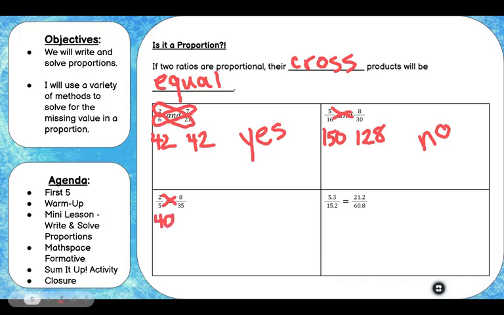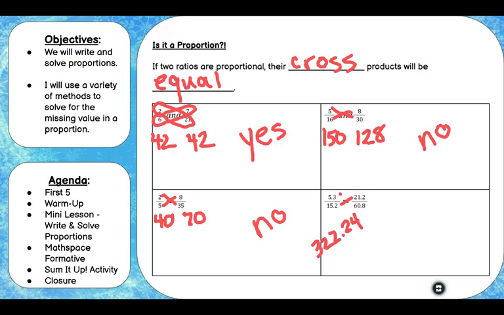All right, hopefully you guys got 5 times 8 as being 40. 2 times 35 is 70. Are 40 and 70 the same? No. So no, these are not proportional. Next one, when you did 15.2 times 21.2, hopefully you got 322.24.